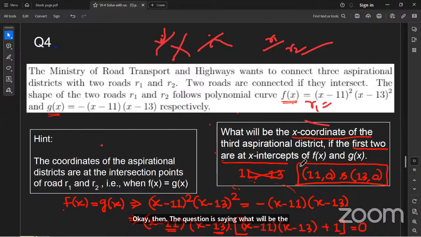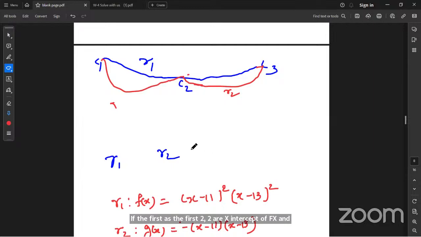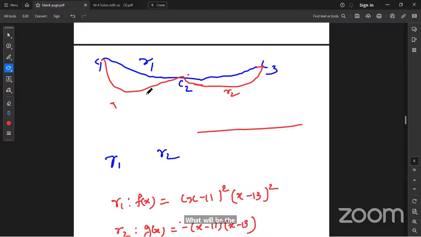If your graph looks like this, suppose this is your x-axis, then the first two cities are x-intercepts of f(x), where f(x) cuts the x-axis. Then your city 1 is here, and suppose g(x) cuts the graph here, so your city 2 is here.